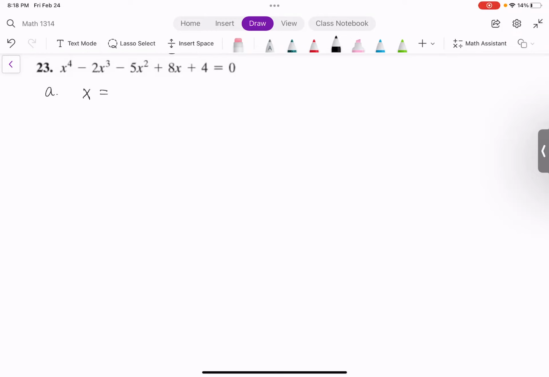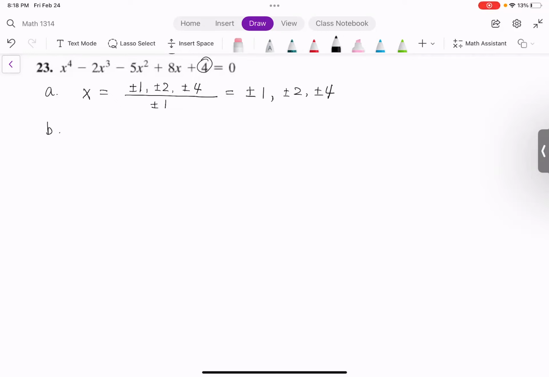So x equals, on the top, we need to find all the factors of 4. They are positive or negative 1, positive or negative 2, positive or negative 4. The bottom is positive or negative 1 because the leading coefficient is 1. And then we can simplify all of the possible rational zeros: positive or negative 1, positive or negative 2, positive or negative 4.